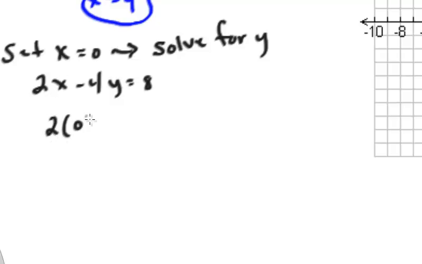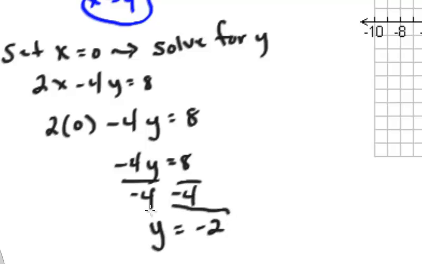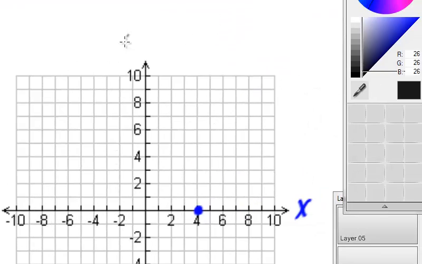I'm going to evaluate this where x is 0, just like we did the other day. So that becomes zip right there, and we have negative 4y equals 8, and you could probably do a lot of this in your head, which is fine, as long as you get it right. So y equals negative 2. We'll circle that. That's our y-axis intercept, negative 2 right there.